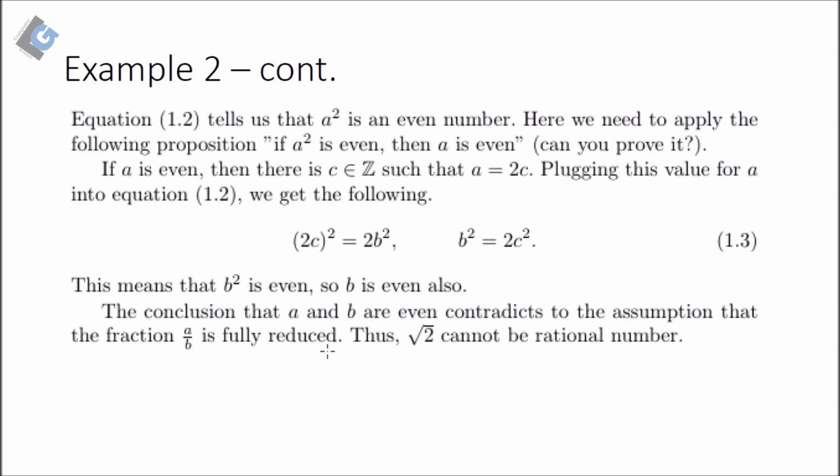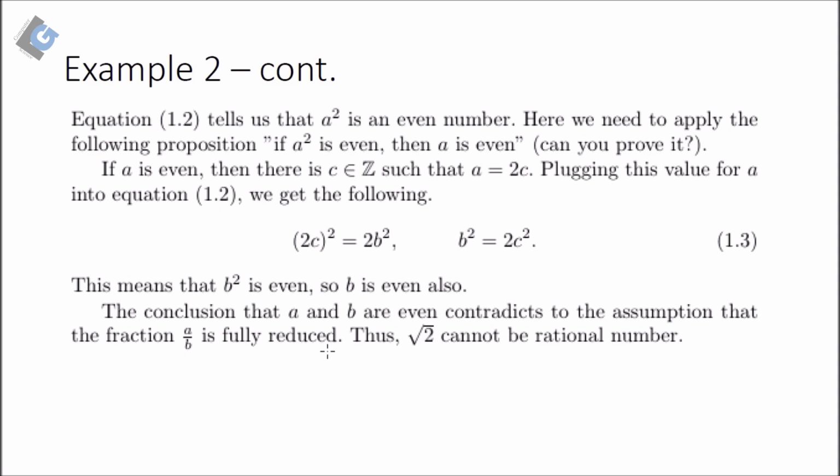So we plug in this value for A into equation 1.2. So we get the following: 2 multiplied by C to the power of 2 equals 2 multiplied by B to the power of 2. This can be simplified to B to the power of 2 equals 2 multiplied by C to the power of 2.